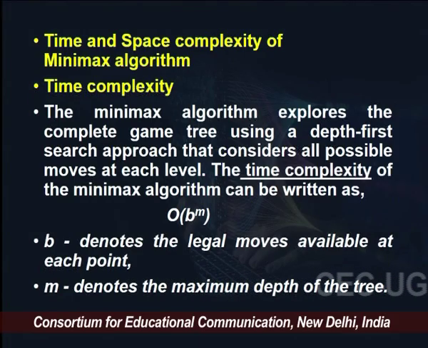Now, please imagine if your maximum depth of the tree is large and the number of legal moves, in terms of branches, is more, your complexity is going to explode. So, definitely this minimax algorithm is going to be very slow with reference to large trees.